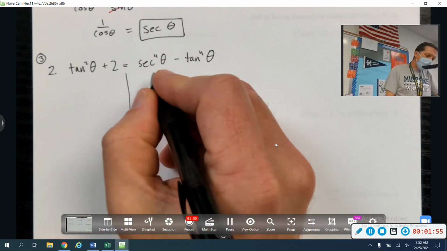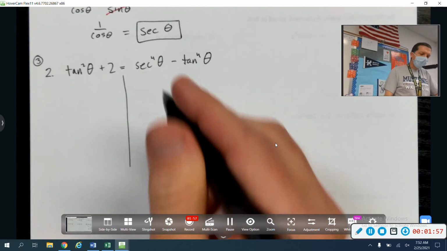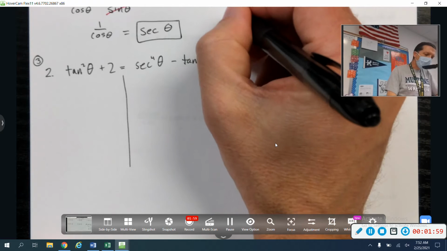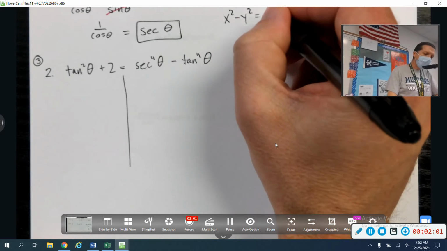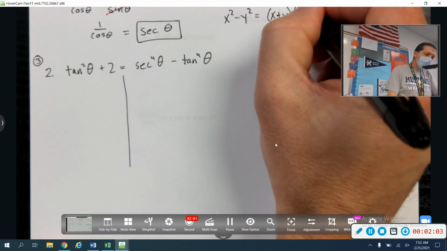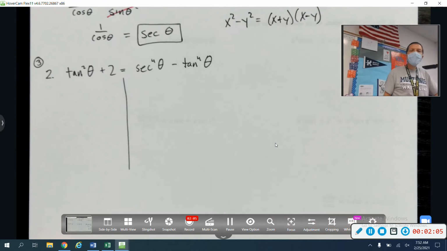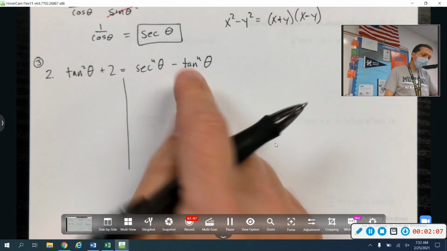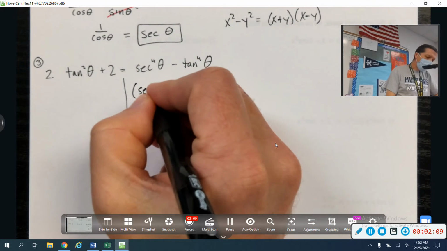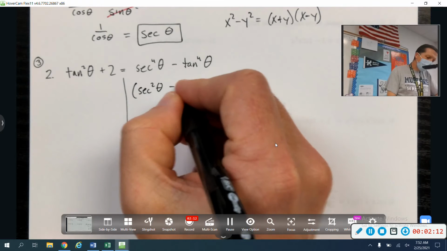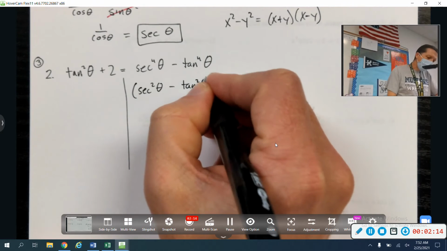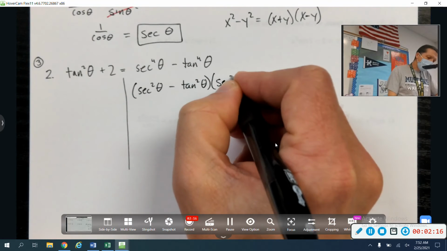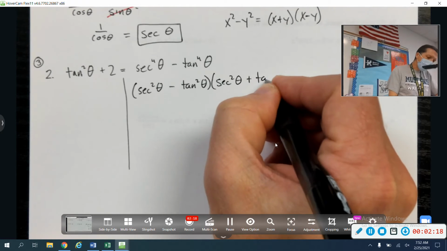Here's the key first step to this. You can factor that like a difference of squares. Like x squared minus y squared is x plus y, x minus y. So secant to the fourth minus tangent to the fourth would be secant squared minus tangent squared times secant squared plus tangent squared.